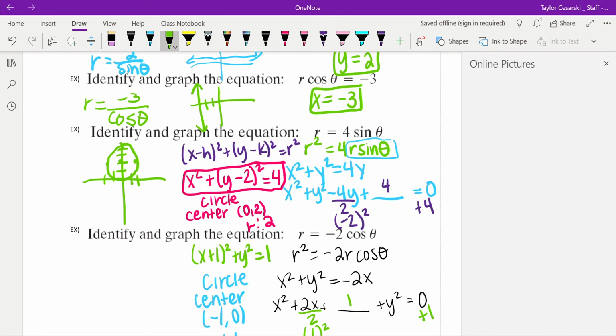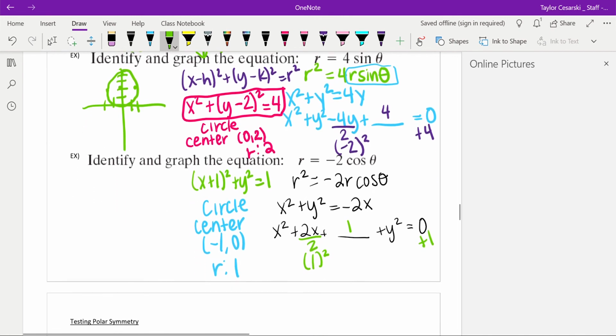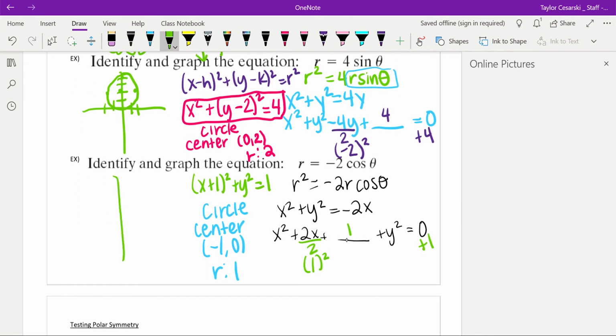So it should end up hopefully looking somewhat better than that. Something you'll notice, I'm actually going to do this one first and then I'll tell you that. And then the last one is r equals -2 cosine of theta. So the center is (-1, 0), and the radius is 1.